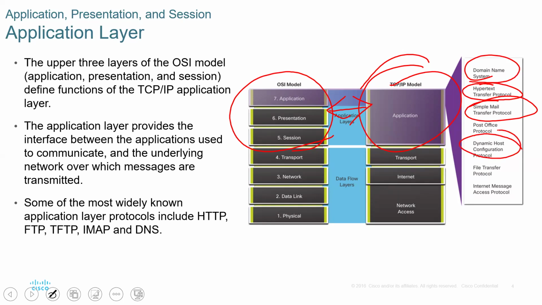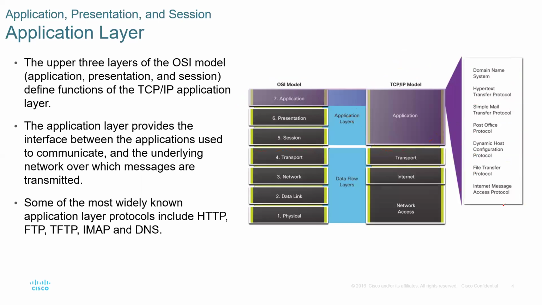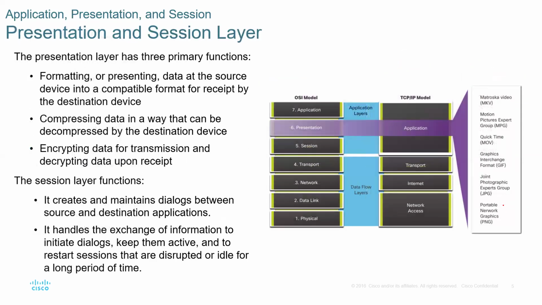All of these are services that you generate on the application layer. And since you generate these services on the application layer, it helps the system to know how best to communicate. So your ability to understand the functions of each of these services will greatly help your understanding of the application layer.